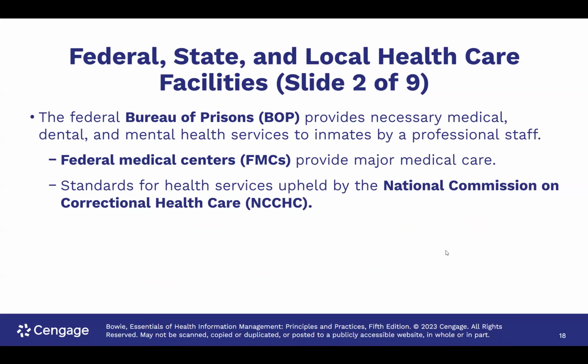The Federal Bureau of Prisons, of course, provides medical services to federal prison inmates. And they have a whole series of medical centers throughout the nation. And they have their own set of standards that's overseen by the National Commission for Correctional Health Care.